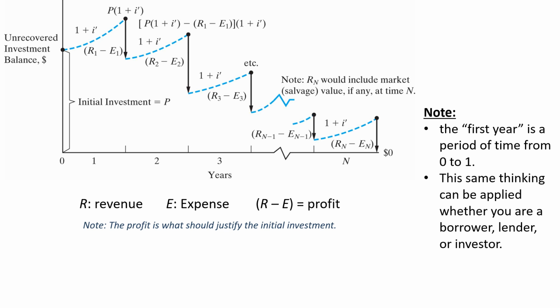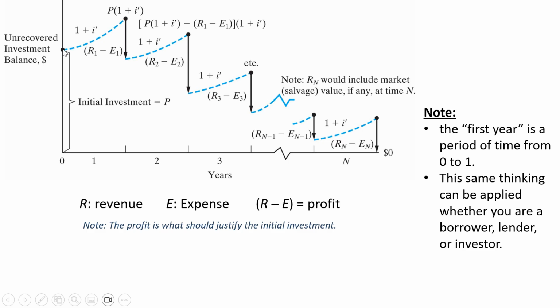The second year is from time 1 to 2. So we talk about the first year, the second year, the third year. That's a duration rather than an instant in time. If I say time 3, that means 3 years after the start of the project. But the third year is the amount of time between time 2 and time 3. All right, so that's just another thing I wanted to explain.